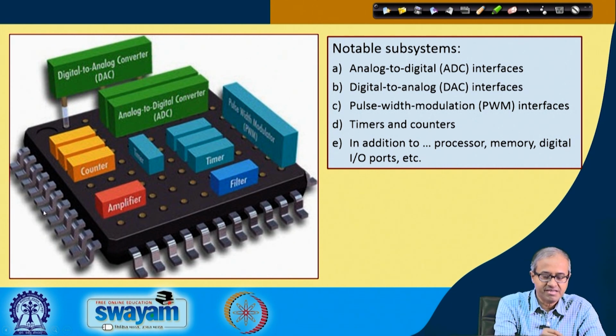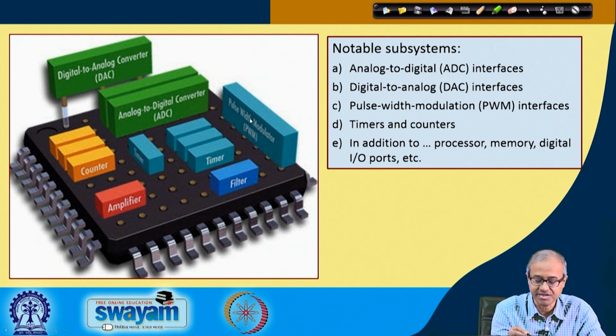This is just a cartoon I am showing. This rectangular box is a processor, where inside the processor you can see so many things. You can see a digital to analog converter, an analog to digital converter, counters, timers, a pulse width modulator, so many subsystems.